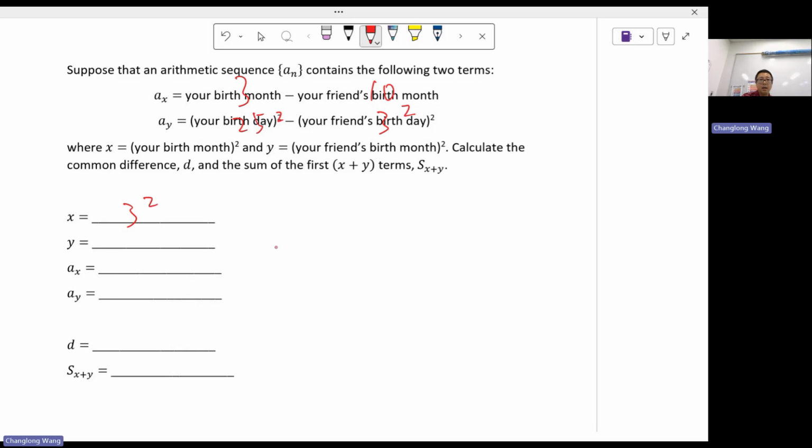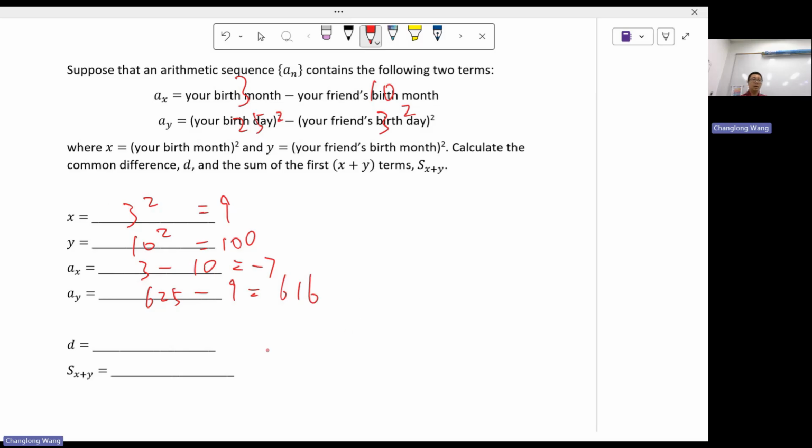So what about y? It will be Lucia's birth month squared, so it'll be 10 squared, right? That will be 100. So what's a sub x? A sub x will be 3 minus 10, which is negative 7. A sub y will be 625 minus 9. What is that? 16, right?